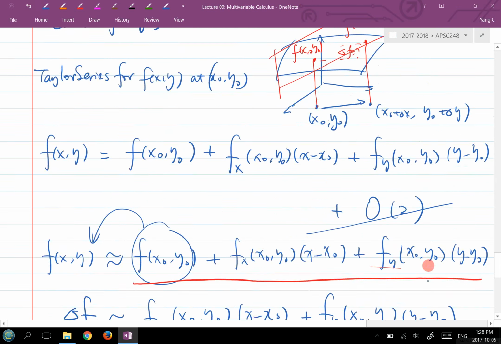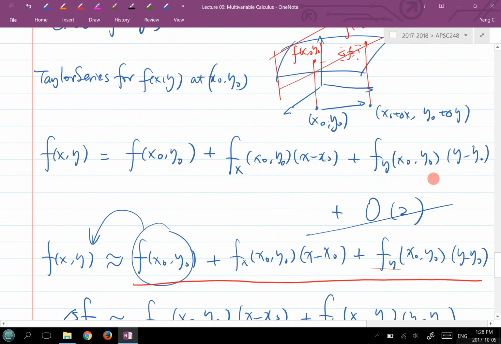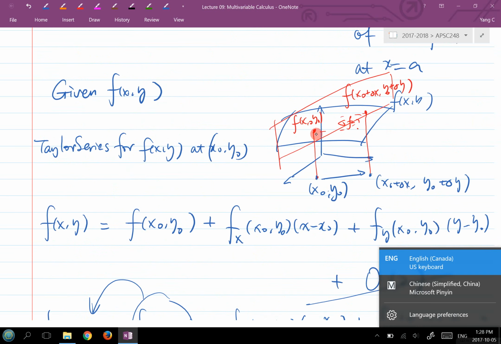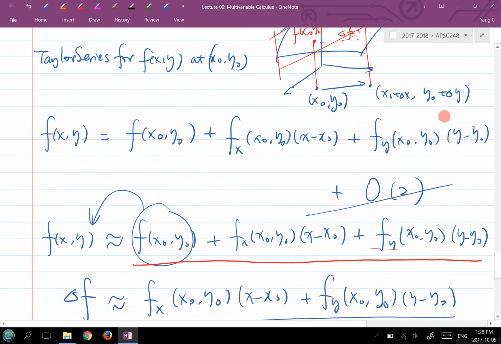Now remember what I said, you can use a plane to approximate the surface at the x naught, y naught location. Now that is basically a plane here, and we're using the plane to approximate that part of the surface. It's a tangent plane.